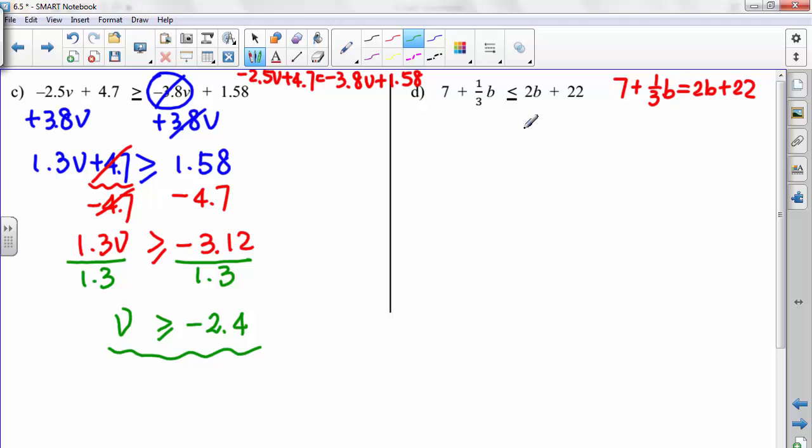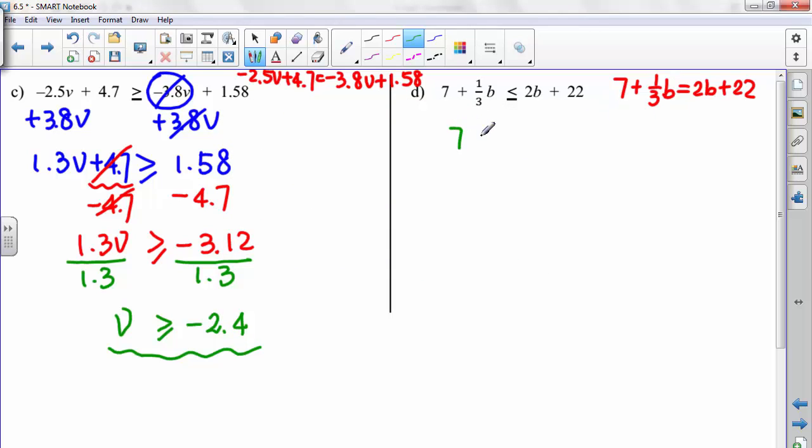Let's look at the last one. If you have trouble dealing with fractional coefficients in inequalities, let's look at the equation. For an equation with fractional coefficients, if you still remember, the method we used is to multiply both sides of the equation by the lowest common denominator in order to cancel the denominator. So even though this is an inequality, I will still use the same method.